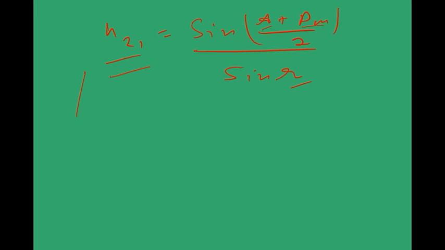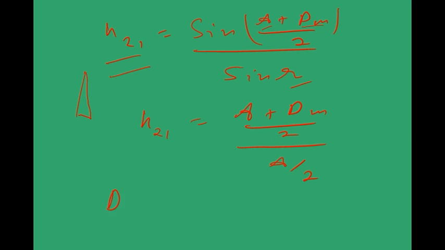And when the prism is something like this, when the angle of prism is very, very small, and the angle of incidence is also very small, then what will happen? Sine of theta can be approximated to theta. Then this can be written as just (A plus Dm) by r, which is A by 2. So, this is nothing but (A plus Dm) by A, right?